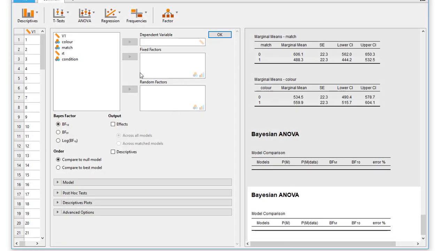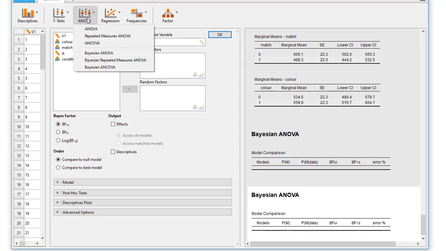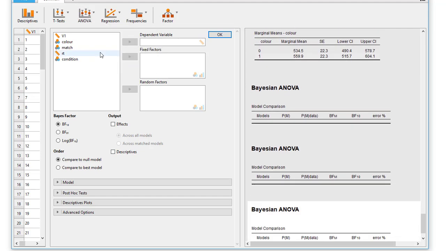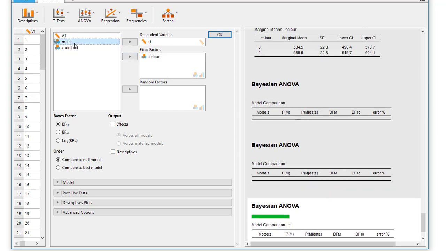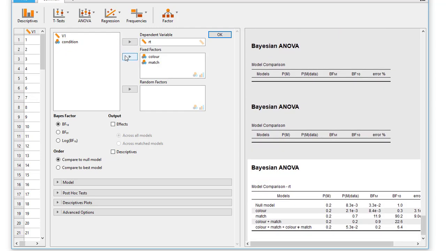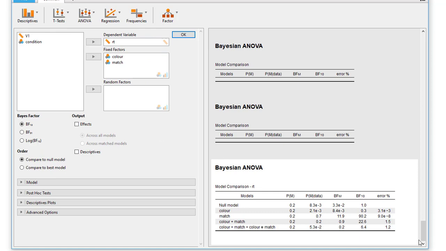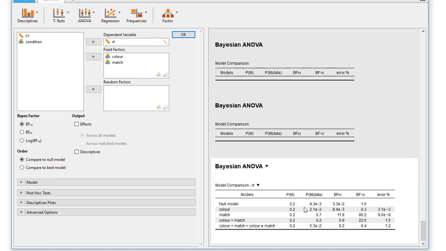So we bring up JASP, and we go to ANOVA, and instead of going to ANOVA like we did before, we go to Bayesian ANOVA, and we've got reaction time as the dependent variable and color and match as fixed factors. And basically what we get is this table with the Bayes factors here.